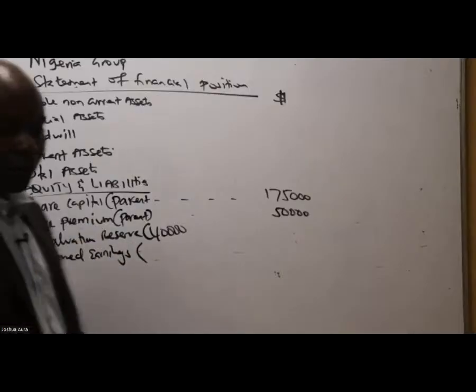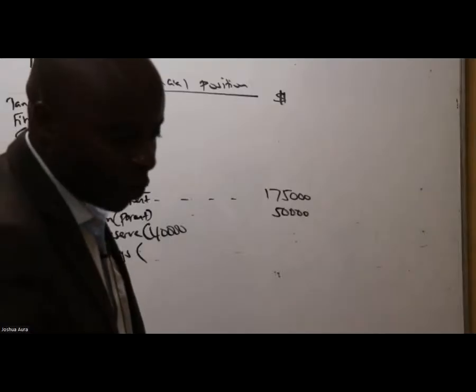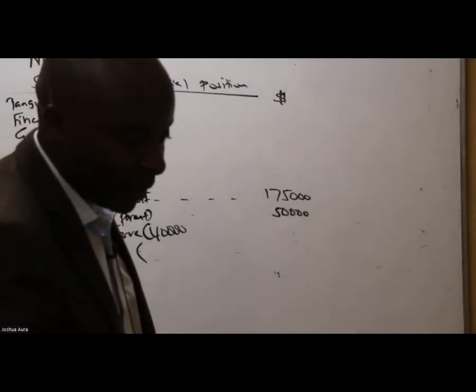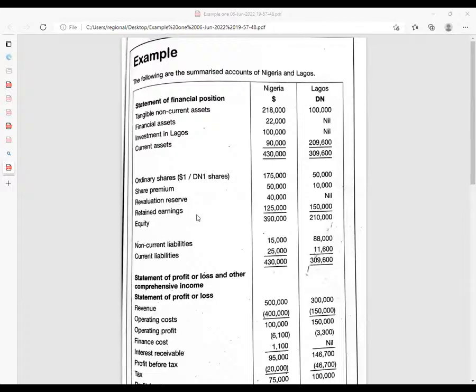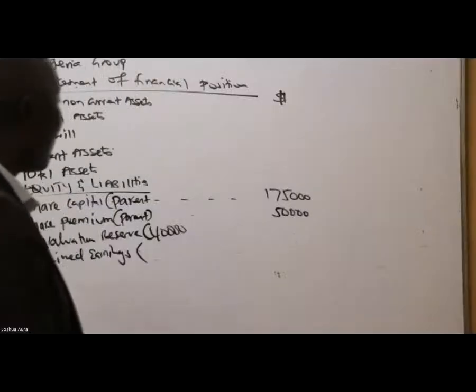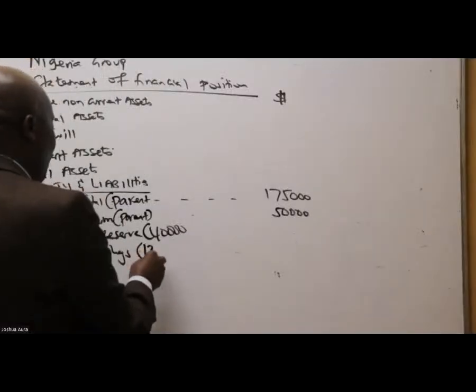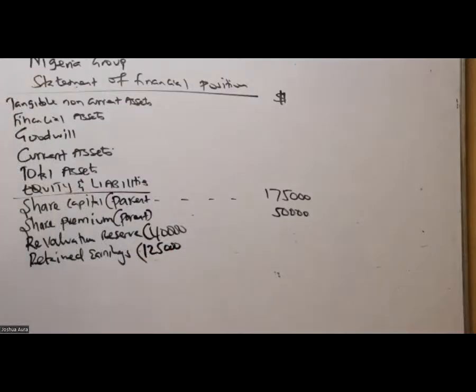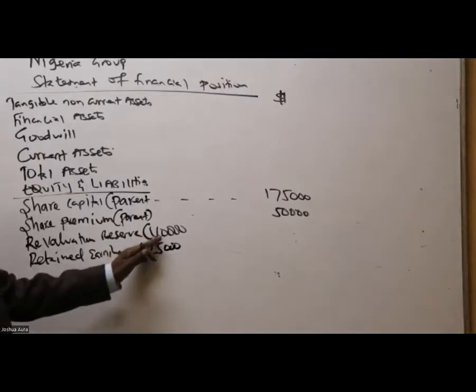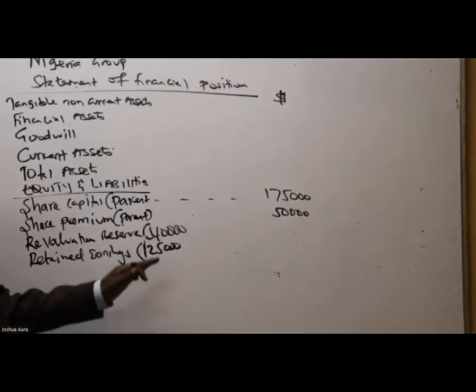So you pick the one of the parent only, with room for making adjustments later on with any post-acquisitions. So retained earnings 125,000 like that. I'm putting them here because later on I'll be doing some adjustments.